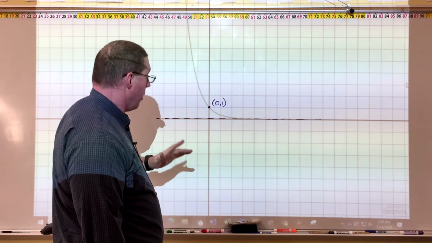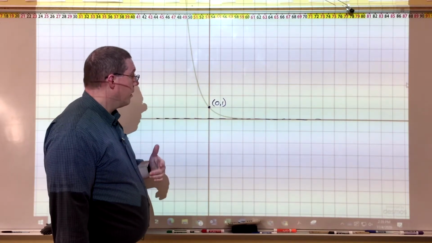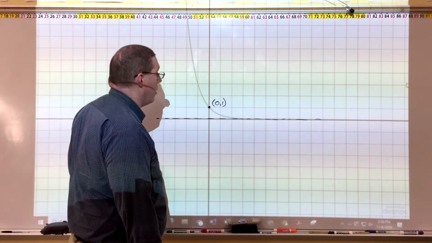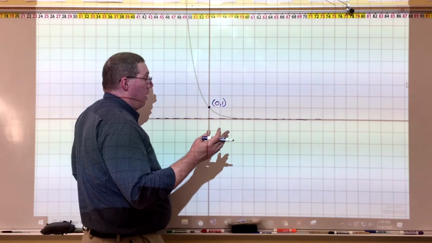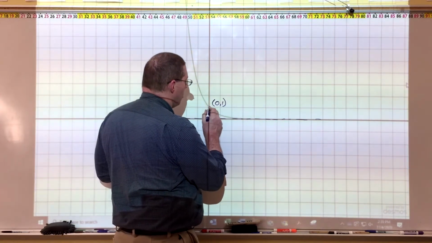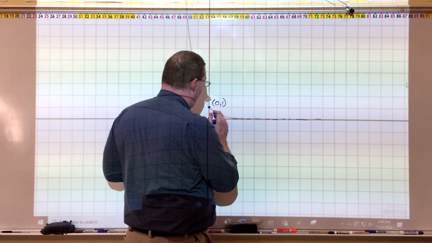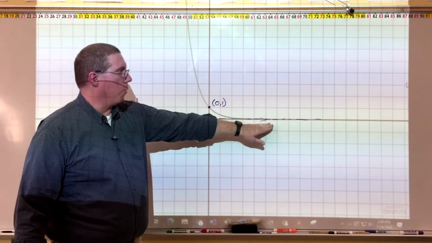It is not upside down, because we know that upside down would mean that it was going through the point 0, -1. The next thing we need to know is whether it is backwards or whether it is the normal graph. Well, we can see that the asymptote is going off to the left, okay? Normally the asymptote goes off, or excuse me, the asymptote is going off to the right.